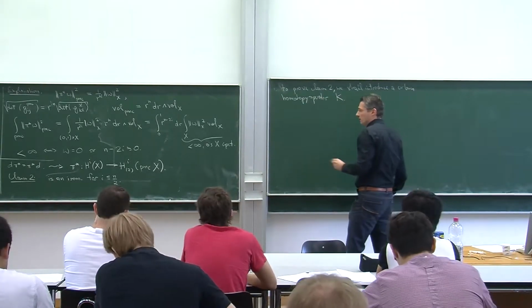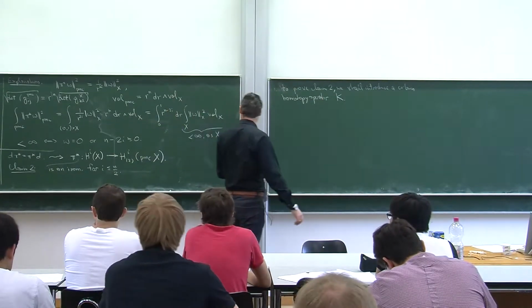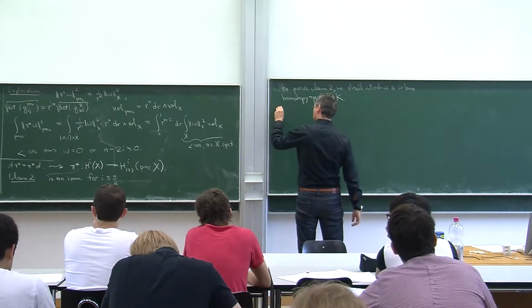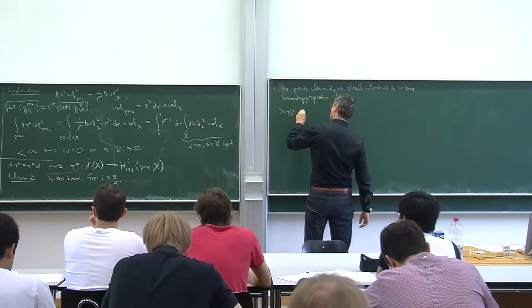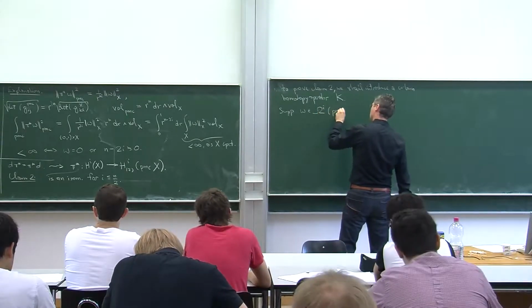So to do this, let's suppose I have a form on the punctured metric cone. So suppose omega is now a form on the punctured metric cone.